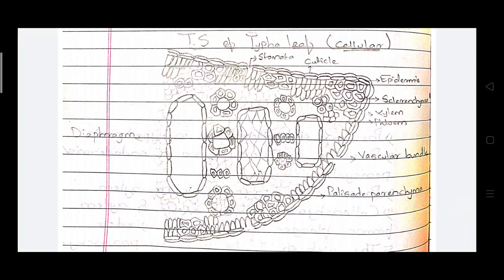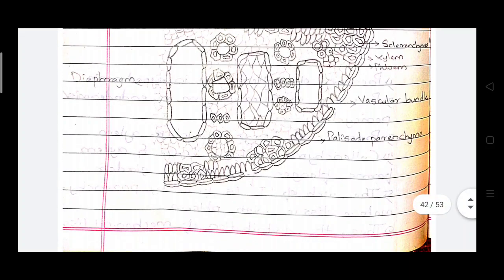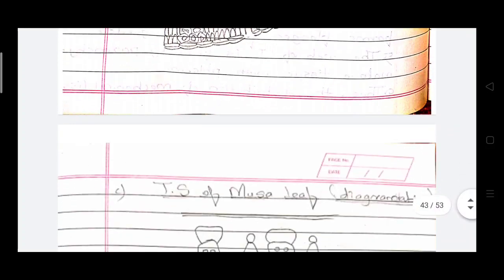Then at the lower side, the palisade parenchyma cells are present. So these are the different cells which are present in the transverse section of the Typha leaf.